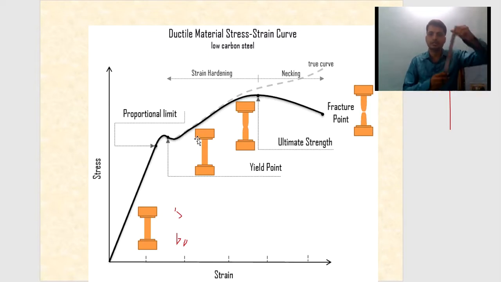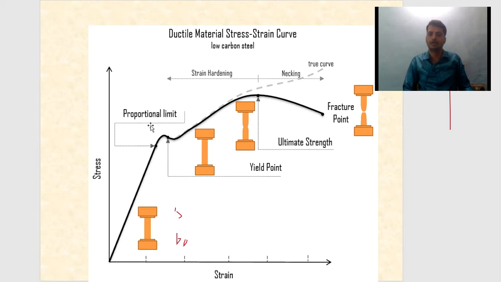Like initially I'm applying 50 kilonewtons, after that 100, later 150, later 200. So the property changes in this material. That is called the stress strain diagram. It's a very important diagram.